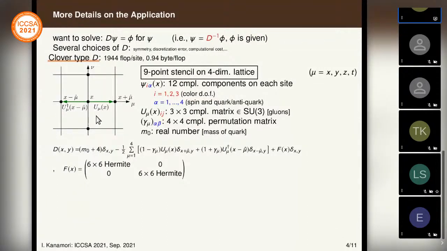Well, we cannot draw a 4-dimensional lattice, so in this picture, I draw only a 2-dimensional lattice. On each lattice site, we have 12 complex numbers. And in accumulating the information from this lattice to this site X, we need to multiply some complex matrices.